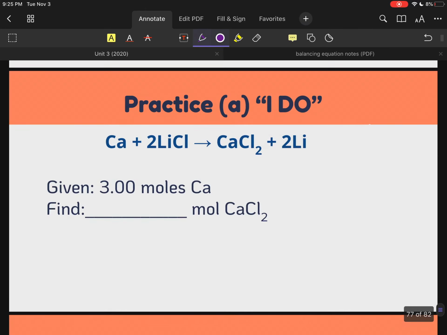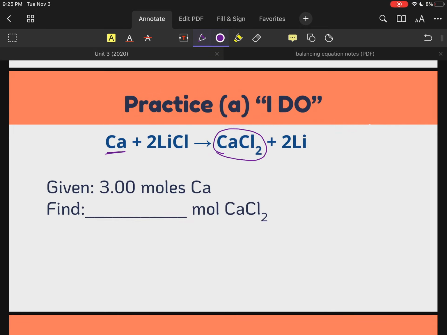So let's look at this practice. Again, we're using the same equation for all of these practice problems, so we're going to keep referencing back to this equation up top. Let's say I'm given calcium, and I'm looking for calcium chloride. It might help you to circle what you're looking for.